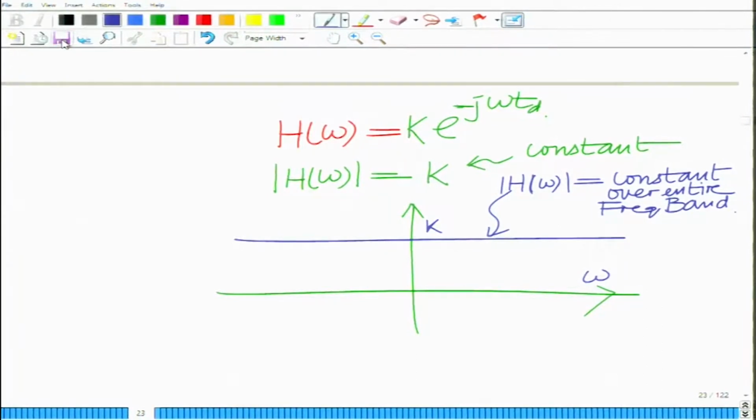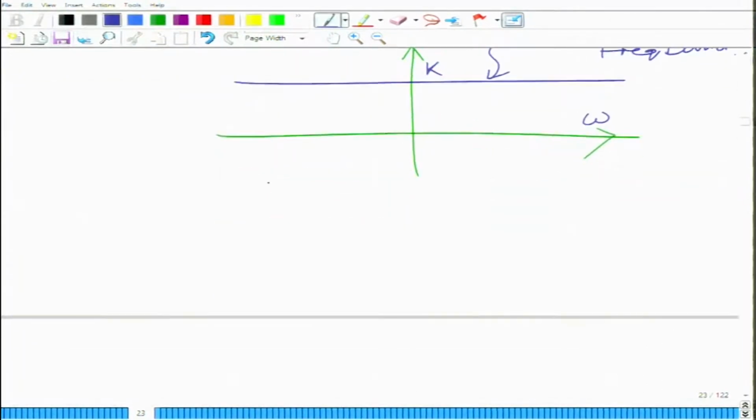And if you look at the phase, the angle of H of omega, theta h, you can see this is minus omega Td, and this quantity has a linear characteristic, it is linear in omega.